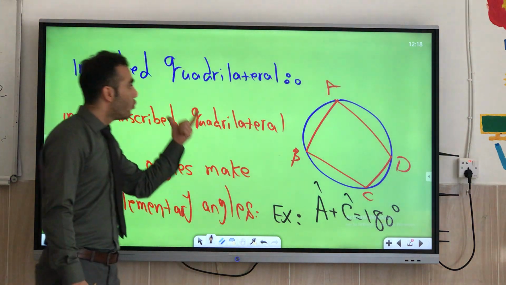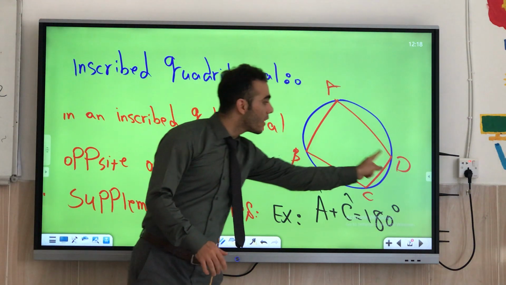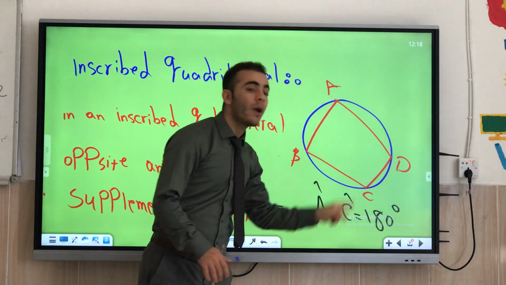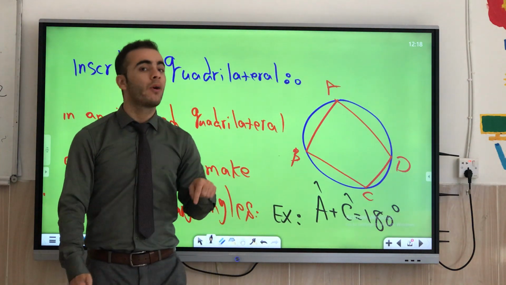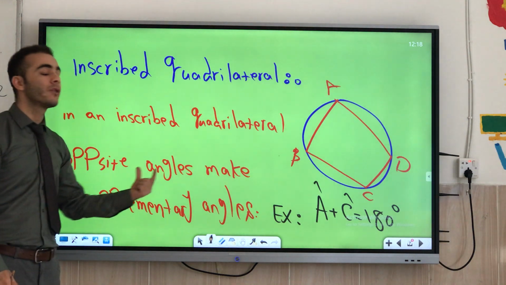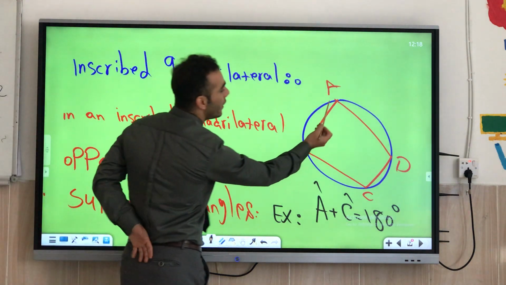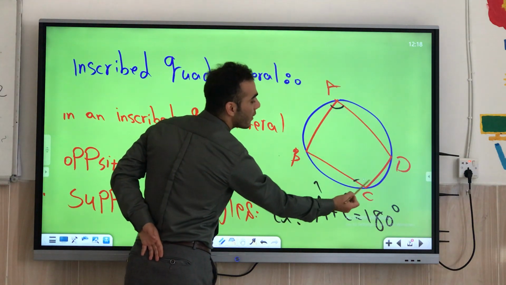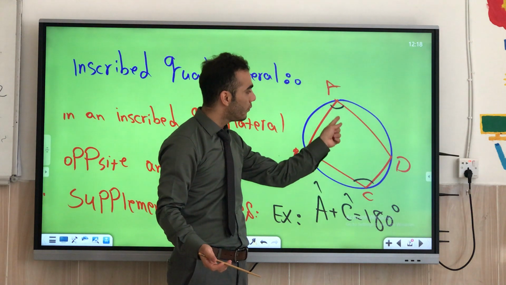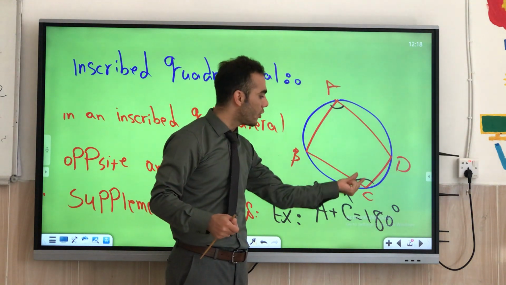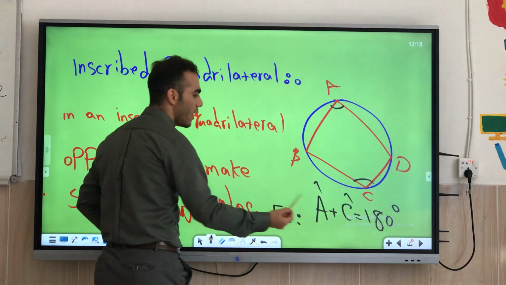But whenever we have inscribed quadrilaterals, when you add the measures of opposite angles, the result is going to be 180. That's why we can claim that opposite angles make supplementary angles. As an example, angle A and angle C are opposite angles. So whenever you add their measures, the result is going to be 180 degrees since they are supplementary angles.